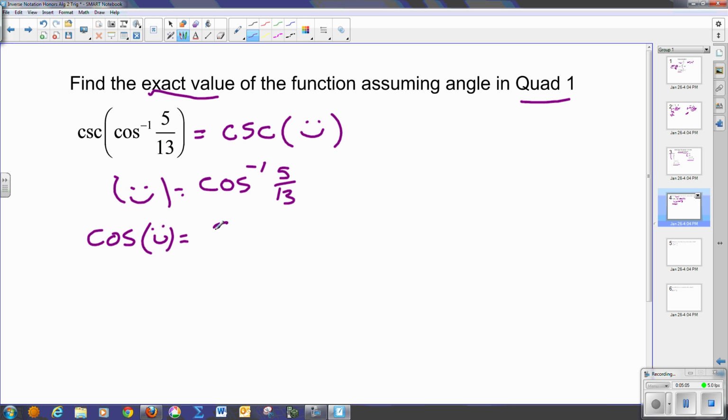is equal to 5/13. Now we've seen problems like this. We know this is our x value, this is our r value or our hypotenuse, and we make a triangle from that, where we have x down here, we have our radius down there, special triangle, 12 here. Now, if all we're asked to do in this problem is find the cosecant of whatever that happy face is, well, here's my happy face angle, right there.